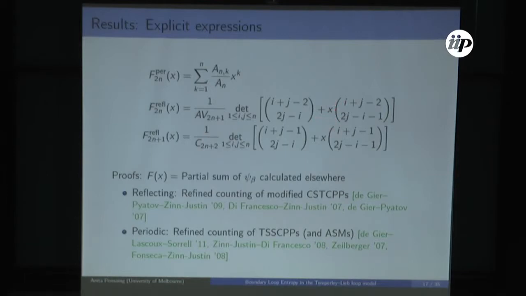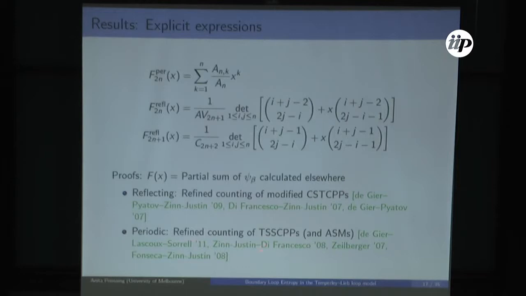It just seemed to be introduced as an afterthought. They then showed that it was a parameter that gave a refined counting of a modification of the CSTCPPs. But it's a very complicated refinement, and, like I said, it was an afterthought. So the fact that we've got a physical interpretation for this x on the loop model side is an extra step on top of what they did.